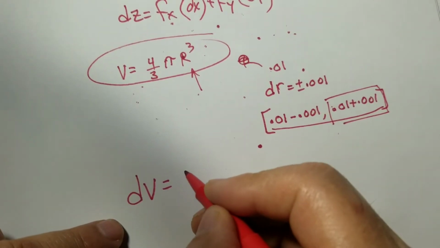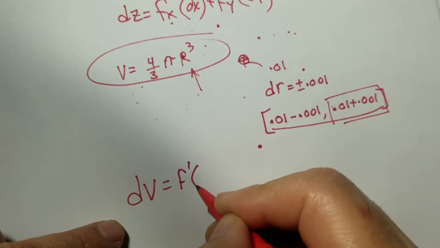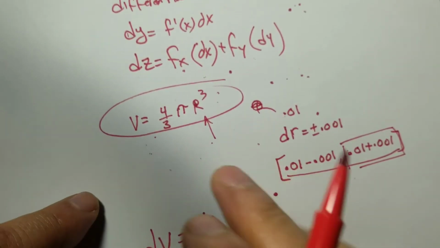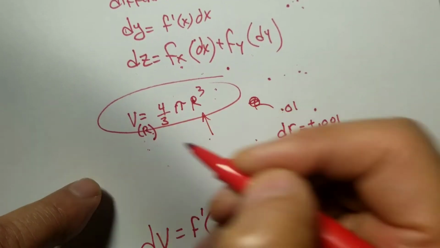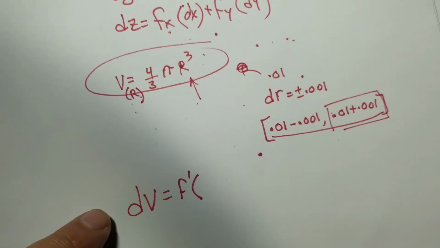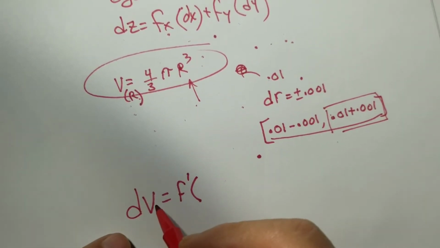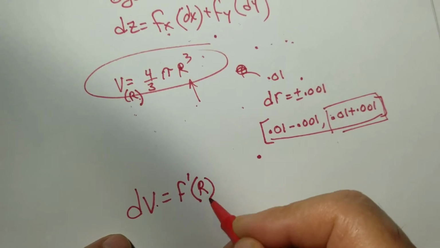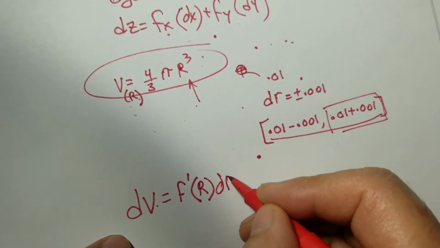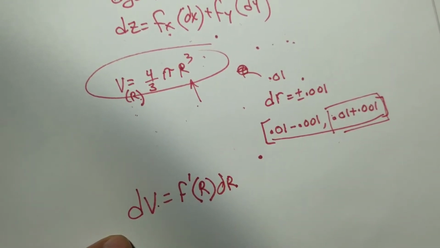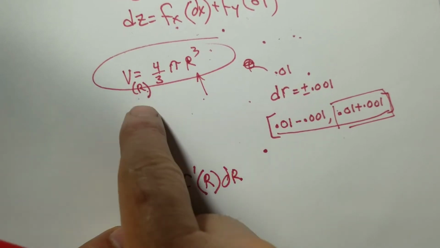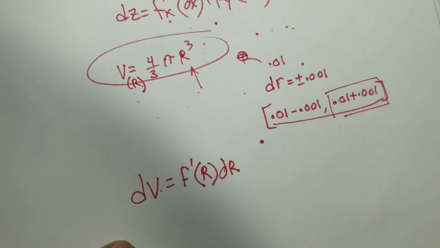What is the differential? It is f prime. But remember, your volume is a function of r. Therefore, you have to take the derivative with respect to r times dr. You don't want to say f prime of x dx, because here you're using r to describe the function.